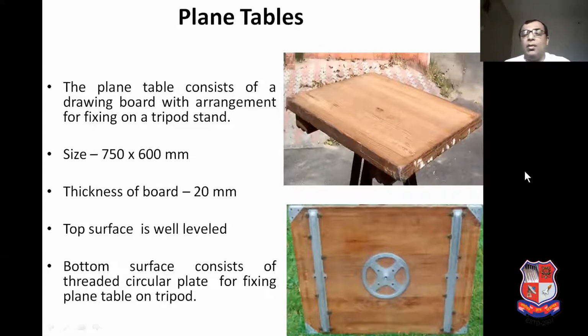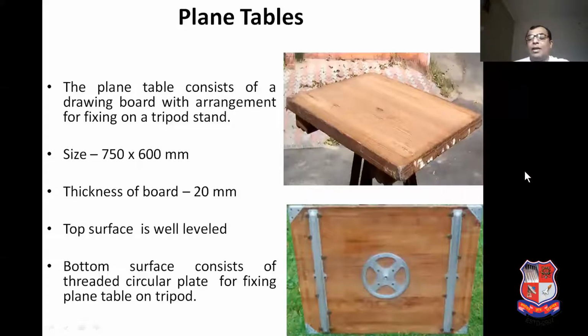Size of the plane table is generally 750 by 600 millimeter. Thickness of the board of the plane table is 20 millimeter. Top surface of the plane table is level and smooth. Bottom surface of the plane table consists of a threaded circular plate for fixing the plane table on the tripod.